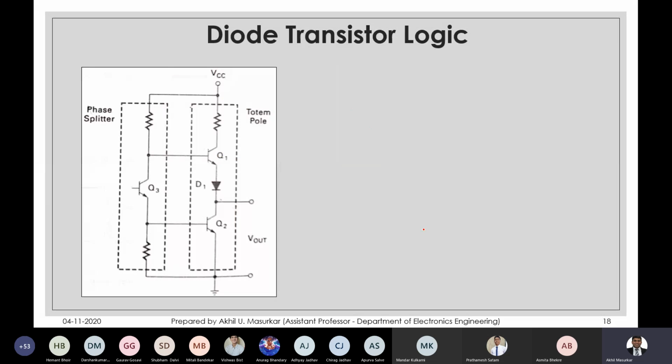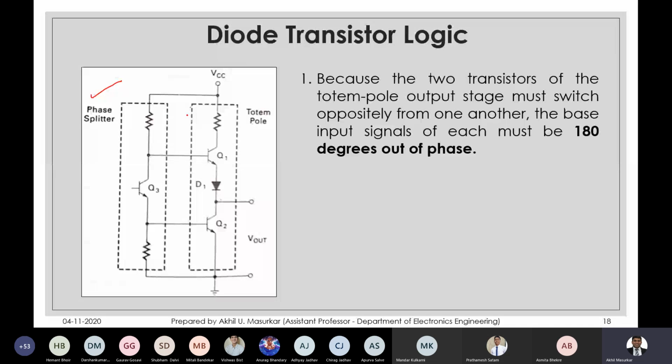So this is my totem pole, and I go for another circuit called as phase splitter. Because the two transistors of the totem pole output stage must switch oppositely from one another, the base input signals of each must be 180 degrees out of phase.